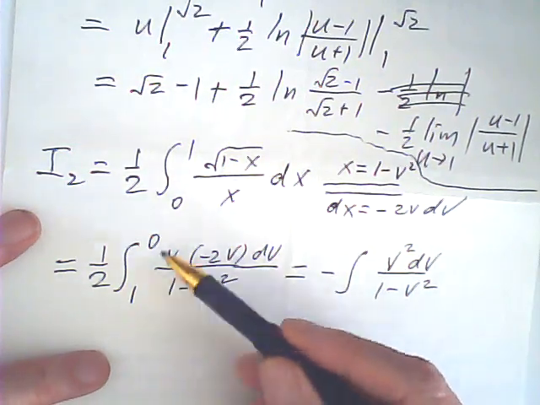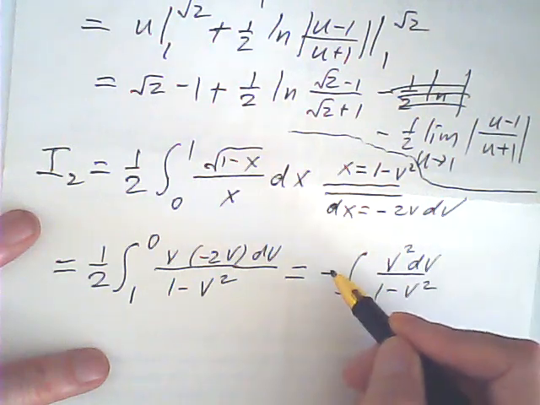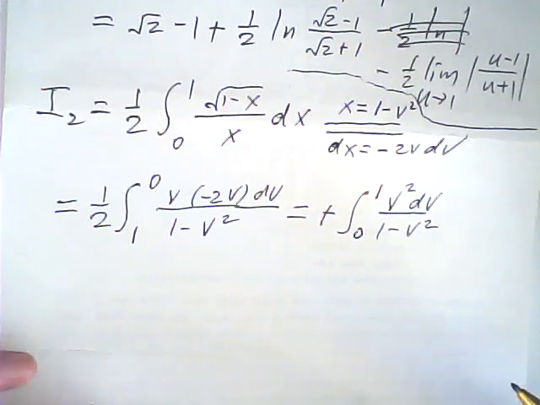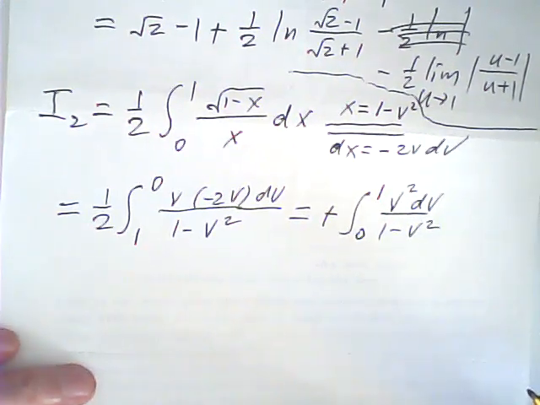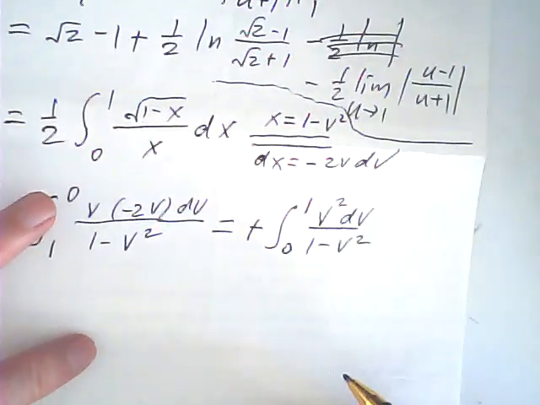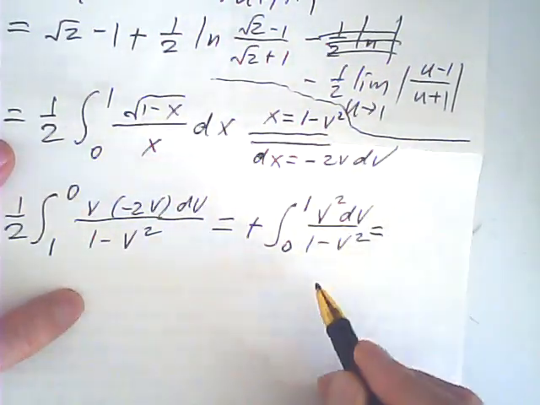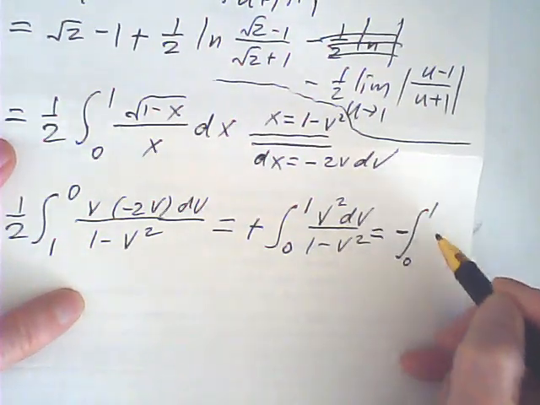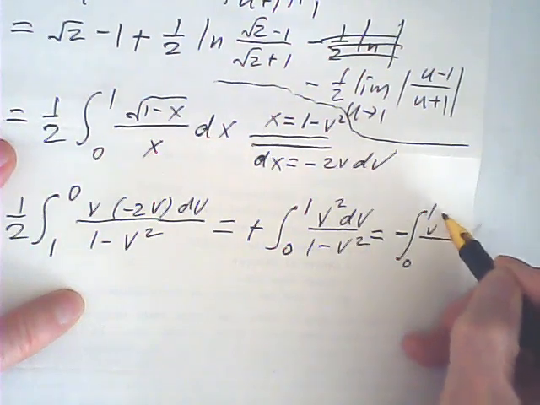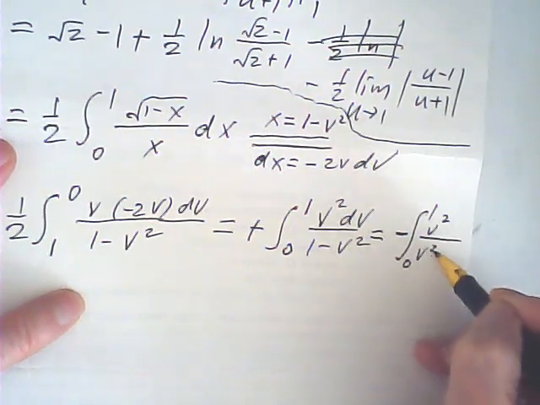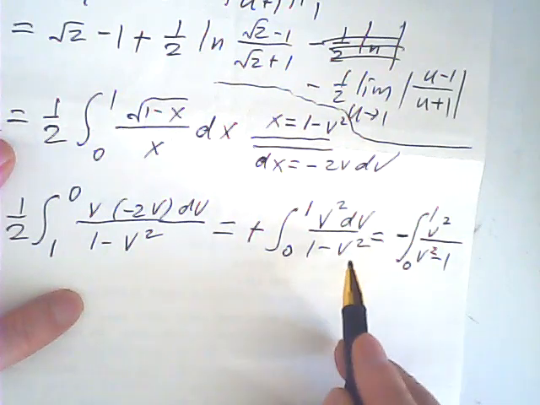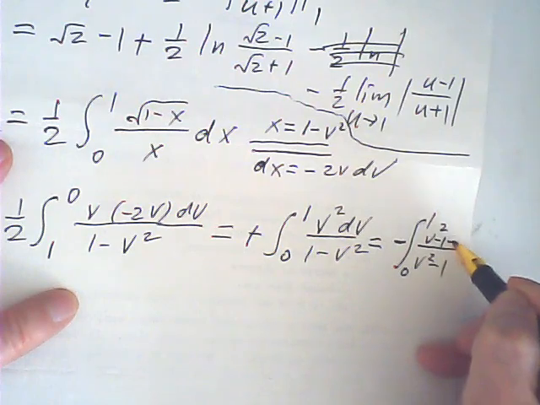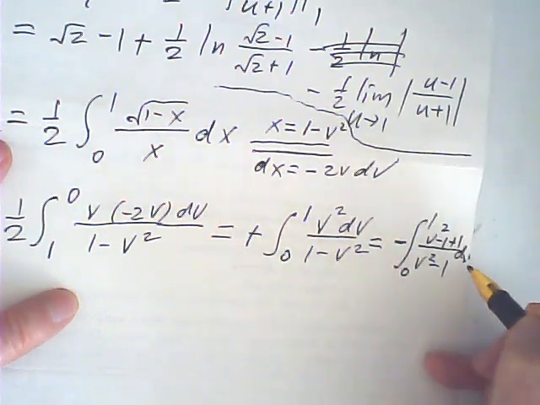Now if I switch the order of the limits, I change this to plus, then it becomes 0 to 1. Then I change this again, it becomes negative again, 0 to 1, v squared minus 1 over v squared minus 1 plus 1 dv.